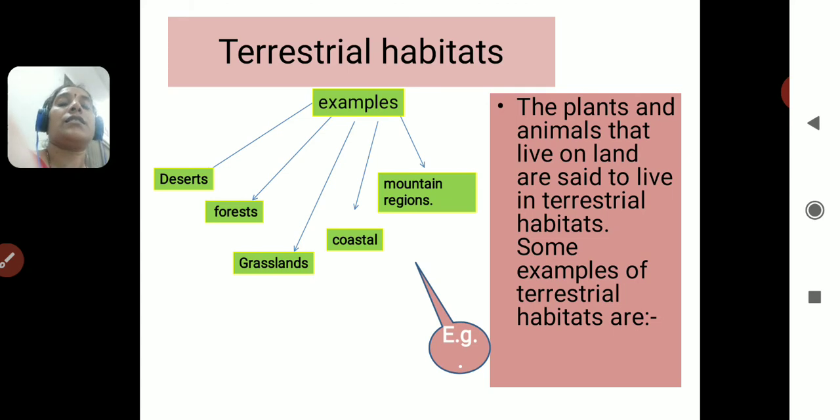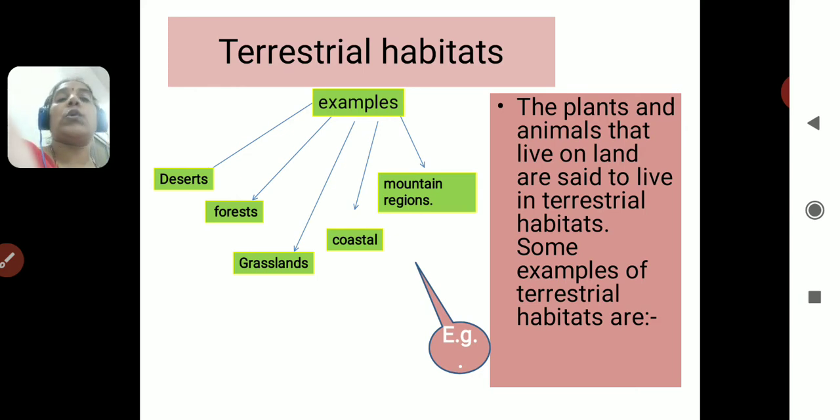Here a huge variety of organisms are found, like large animals such as lion, elephant, giraffe, and tiny animals like ant, spider, etc. In the grassland, also a huge variety of animals can be found.